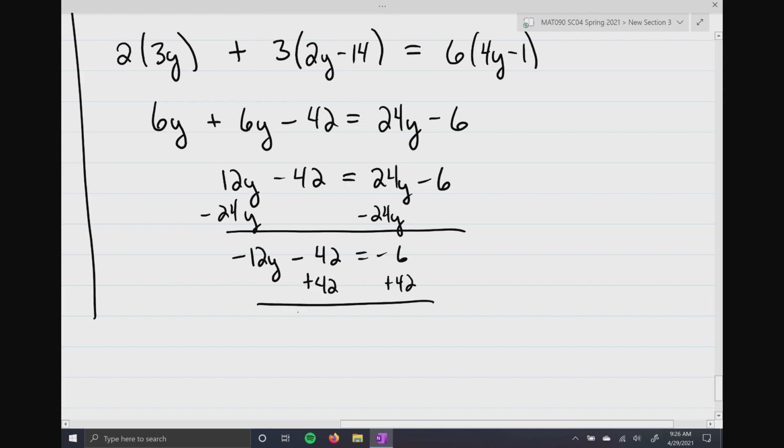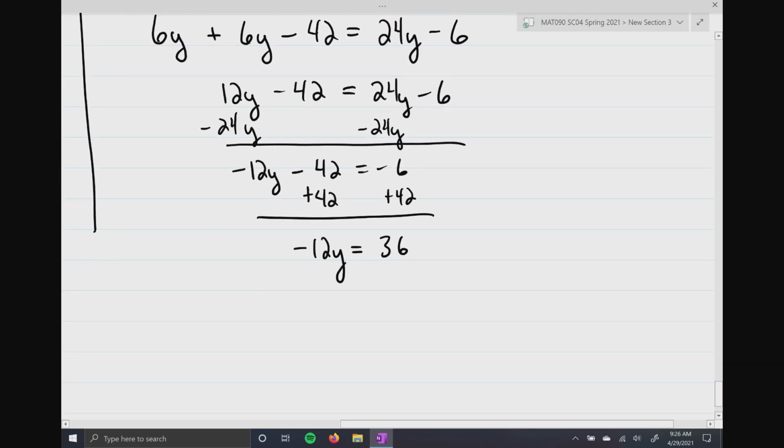This gets the constant terms on the right and variable terms on the left. Negative 6 plus 42 is going to be positive 36. And Aaliyah, what do you think 36 divided by negative 12 is? Negative 3. And we know we are not allowed to have that for an answer.